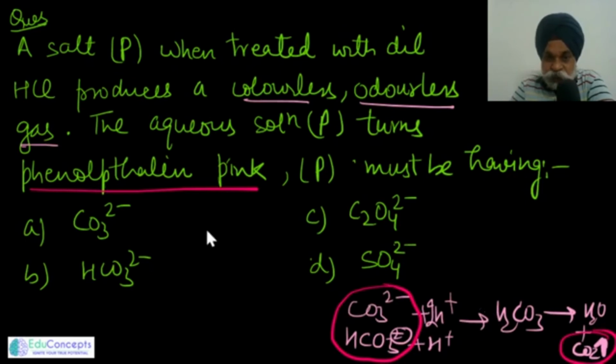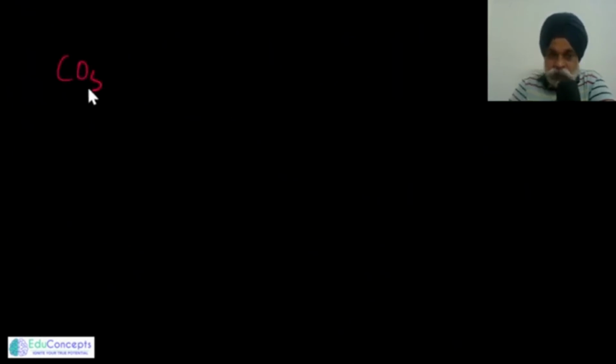But you need to take into consideration the aqueous solution of P. In the last session also I told you, when you have carbonate and bicarbonate and you want to distinguish them, just take the salt, put it into water and add phenolphthalein. If the phenolphthalein turns pink, it means it is carbonate ion, because carbonate ion is more basic. Hydrolysis of carbonate would happen more rapidly as compared to bicarbonate.